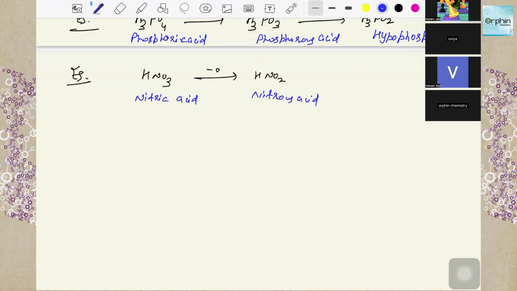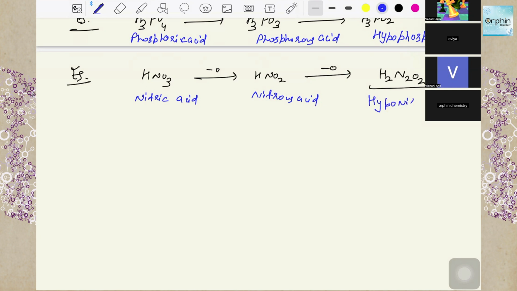And then if we remove one oxygen from here, the compound formed is HNO. But you know, HNO does not exist. So why are we taking it? Its dimer exists. The dimer of HNO exists, which is H2N2O2. Right? This is the dimer of HNO, and this is known as hyponitrous acid.